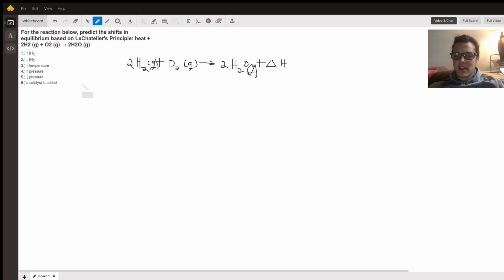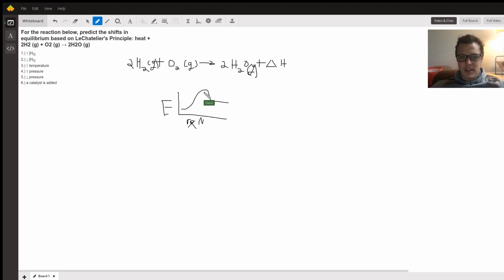And for 6, if a catalyst is added, it's not going to push it towards the right or the left. In terms of energy versus reaction progress, there's sort of a bell curve right here.